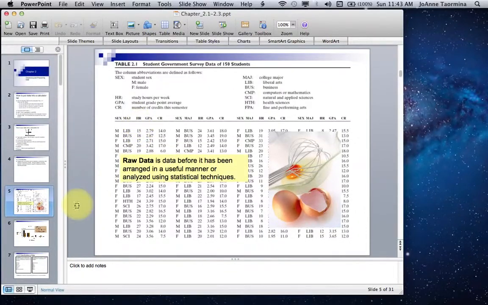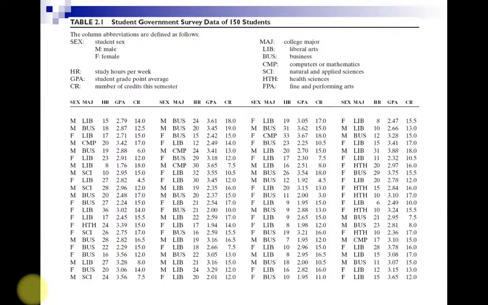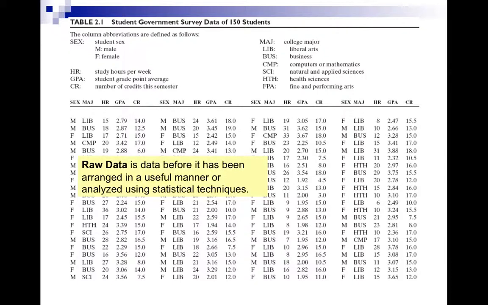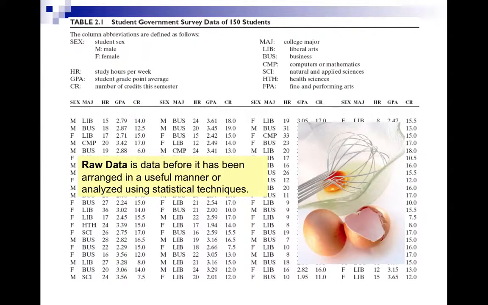Okay, we call this raw data because it's not yet been arranged in any useful manner that can be analyzed using statistical techniques. Like an egg that hasn't been cooked, raw data hasn't been analyzed yet. It's simply been collected and displayed, and that's what we're looking at right here, a display of collected data.